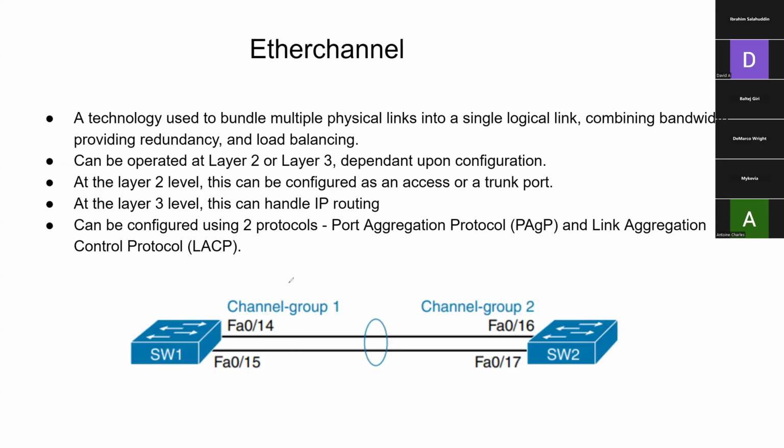However, let's just say both of these ports are running right now, but we take port 14 out of the equation. The channel group or the port channel is still going to be up. However, there's only going to be one available interface that's going to be forwarding traffic. Got you. Yes, sir. That could potentially cause it to go down though, right? Because it's too much.